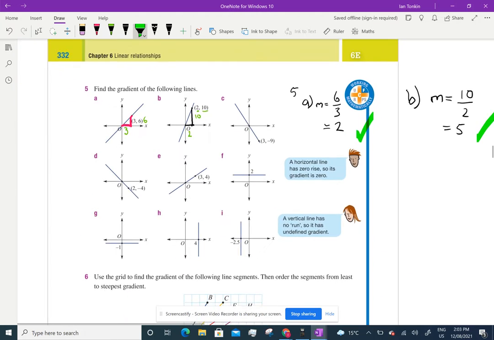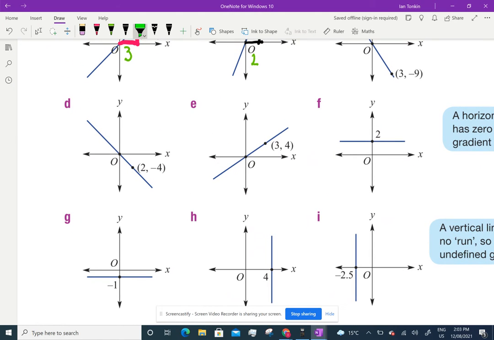Righto, let's have a look at a negative one. Let's go here to D. Now, don't let the negatives or positives sway you. Just look at how far it goes up or down. So here, I'm going to draw a little triangle. This number tells me how many across, 2. This number tells me how many up or down, 4.